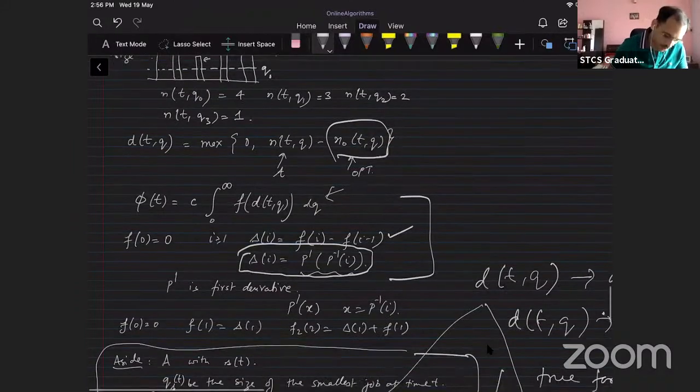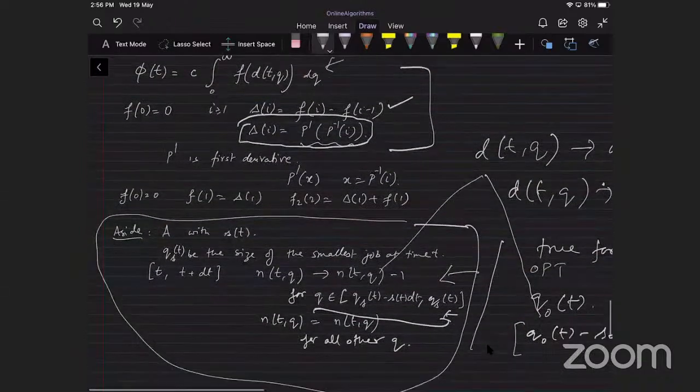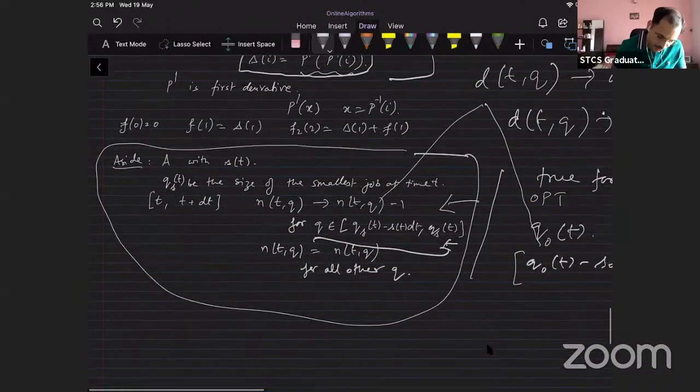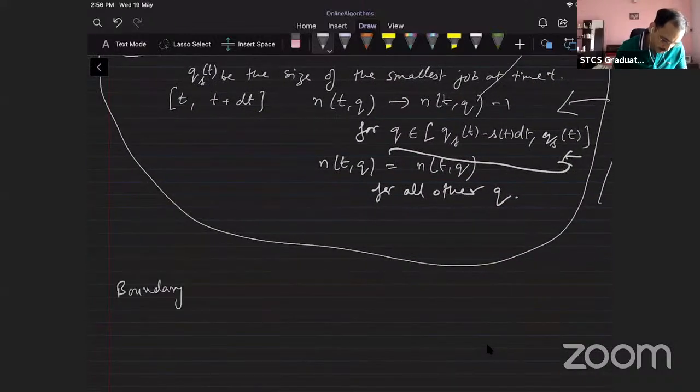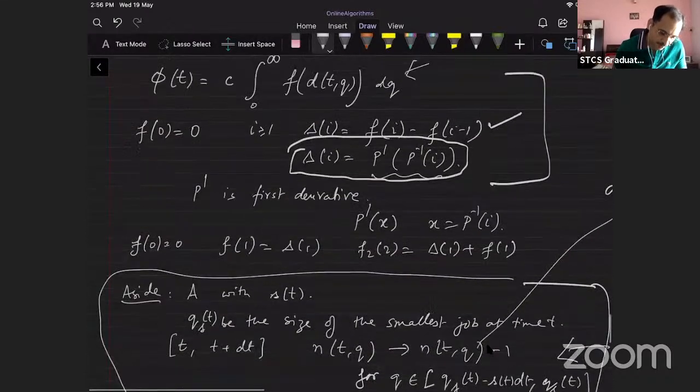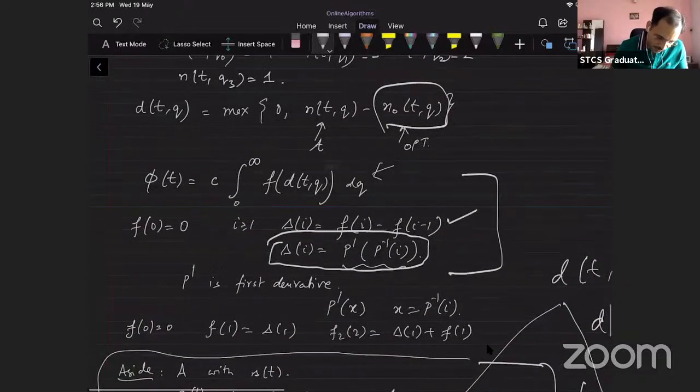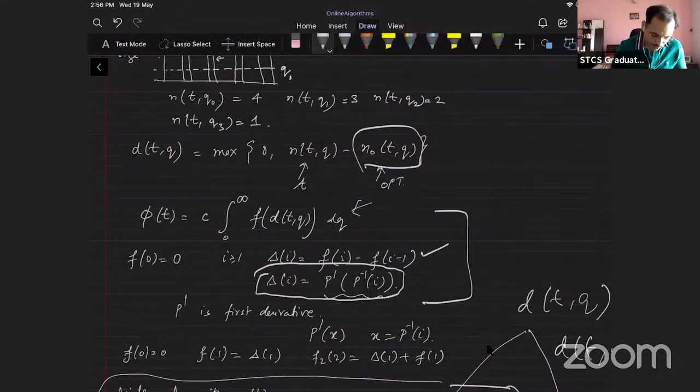Okay, so now given that we have had a long discussion on the intuition, let's check the first technical condition. So boundary condition. What is the first boundary condition we need to check? That before any job arrives and after all jobs depart, phi of t should be 0. So does that satisfy?